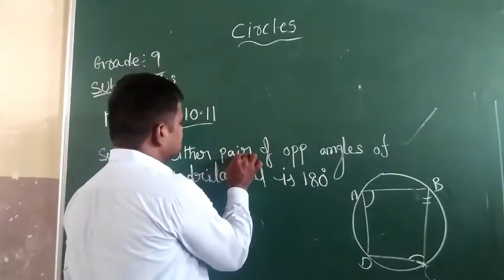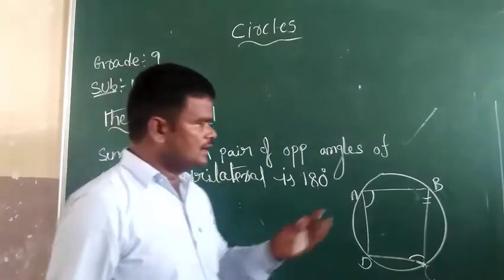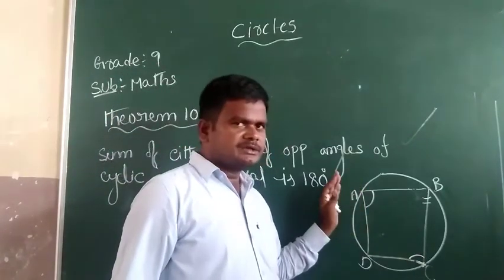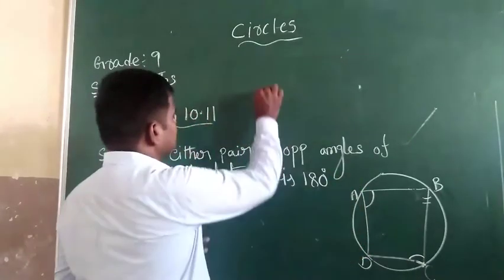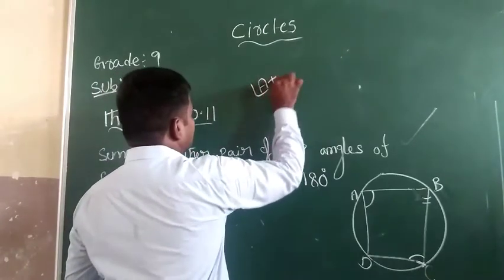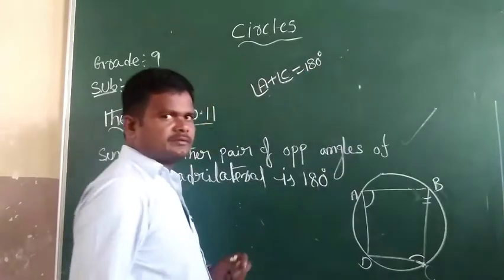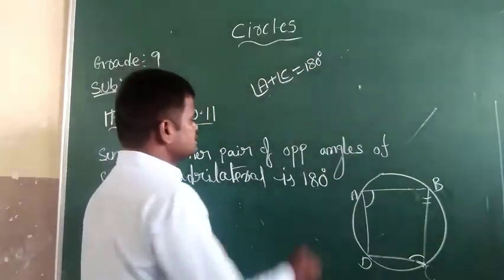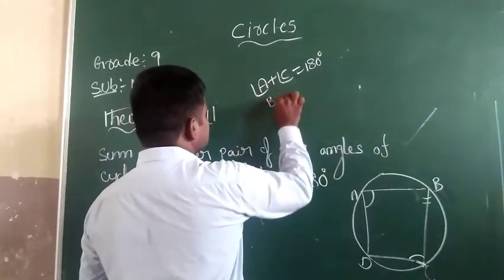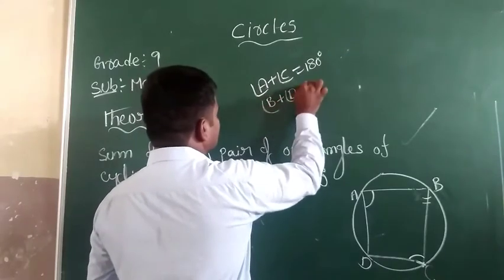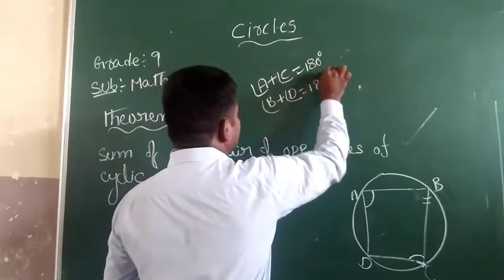Pair means two. Opposite angle sum: angle A plus angle C equals 180 degrees, and also angle B plus angle D equals 180 degrees.